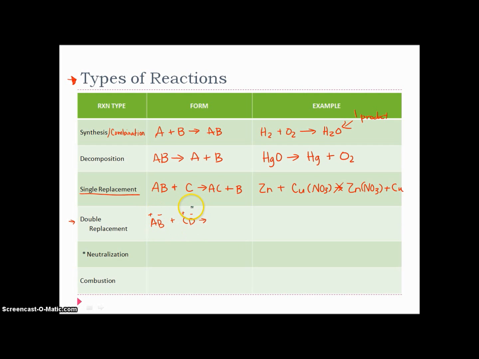Everybody's talking, and they decide that maybe they're with the wrong people. So this guy ends up going on a date with that girl next, and this guy goes on a date with that girl next. So A and D become new compounds, and C and B become new compounds, or couples, however you want to look at it.